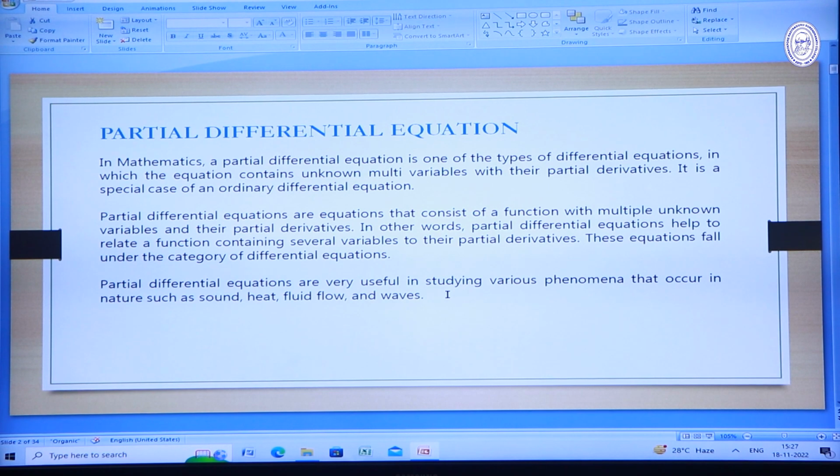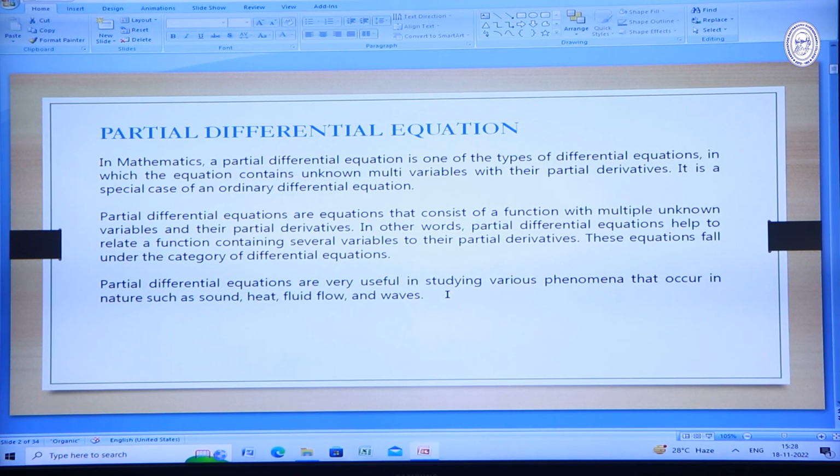Partial differential equations are equations that consist of a function with multiple unknown variables and their partial derivatives. In other words, partial differential equations help to relate a function containing several variables to their partial derivatives.